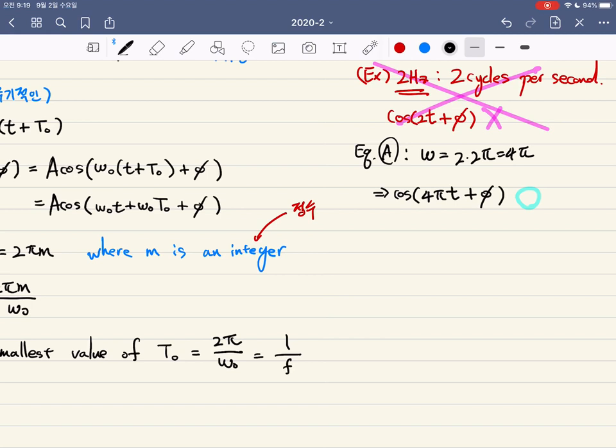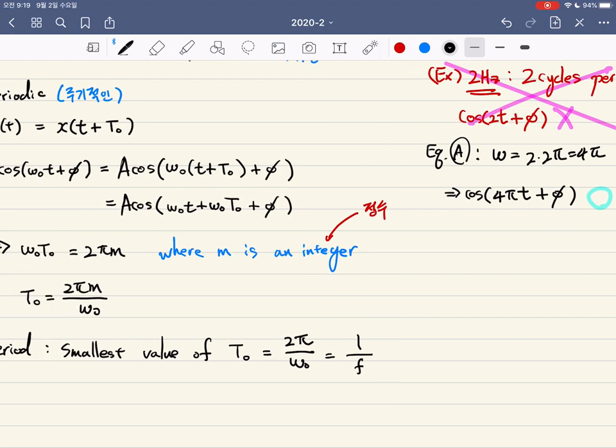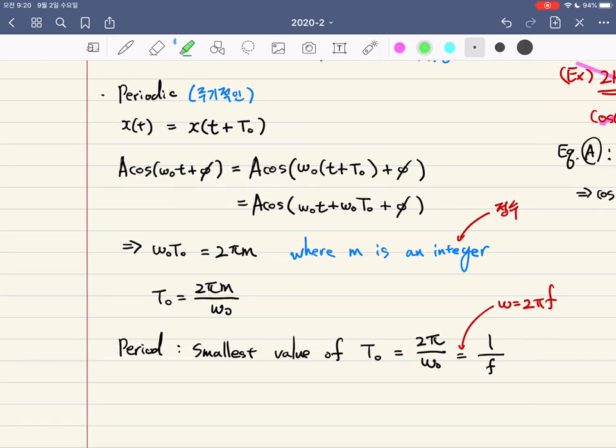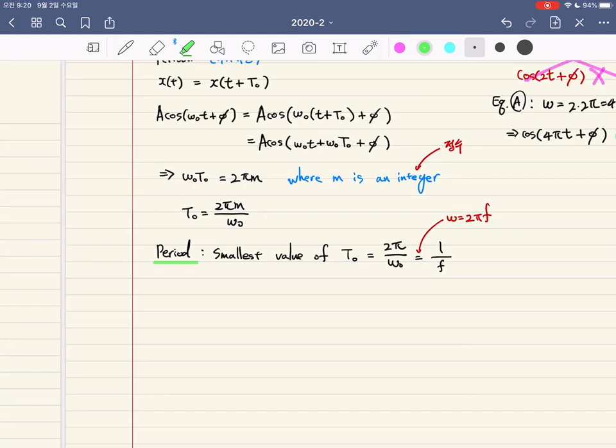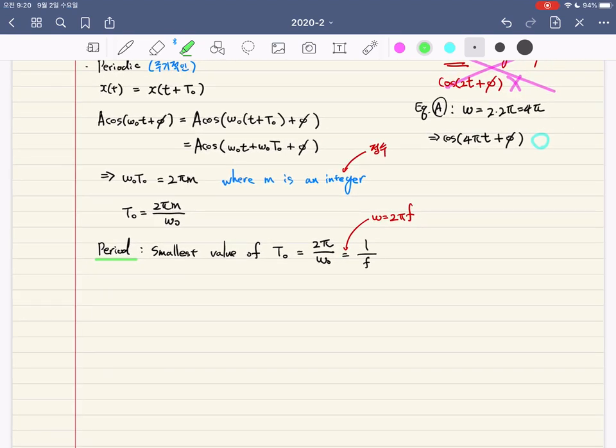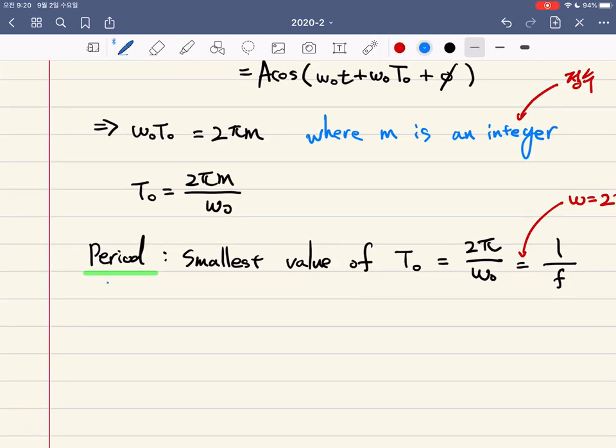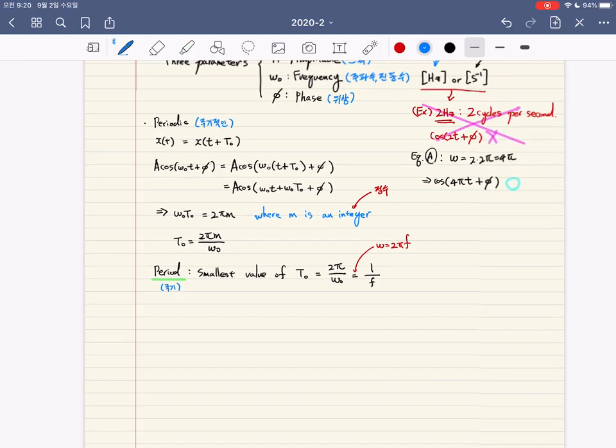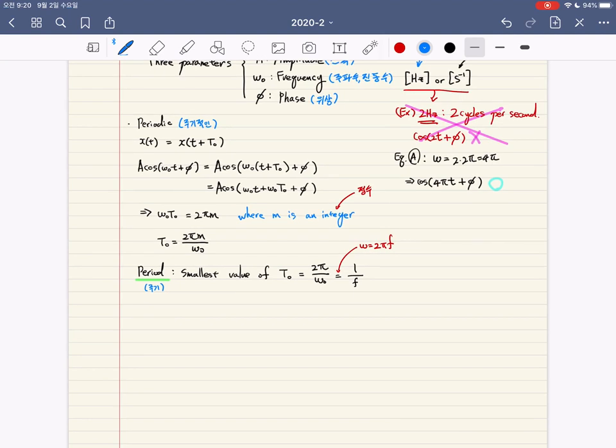You just substitute omega equals 2 pi times f, and you get 1 over f as a period. So this was an example. In Korean, the period means 주기.